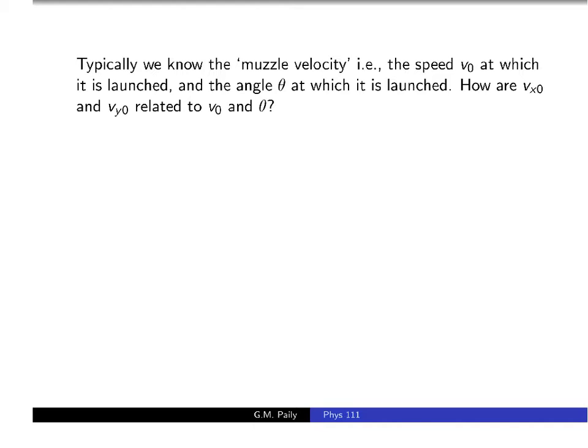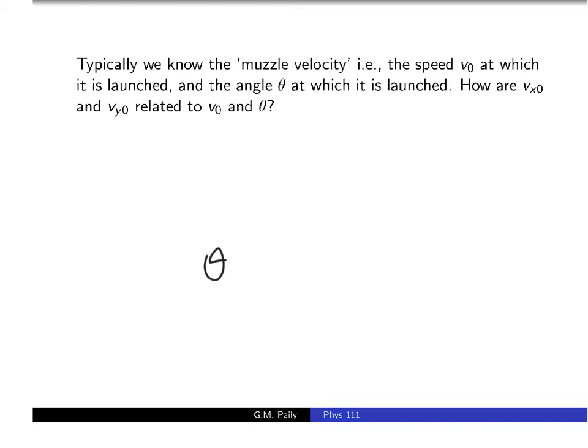Typically, in these problems, we are given the muzzle velocity, that is, the speed v0 at which the projectile is launched, and the angle theta at which it is launched. How do we calculate vx0 and vy0 from v0 and theta?